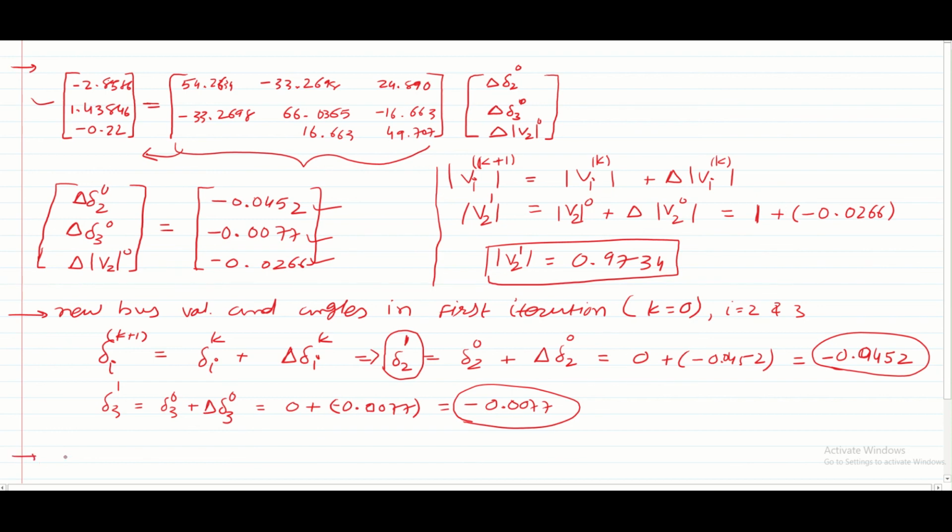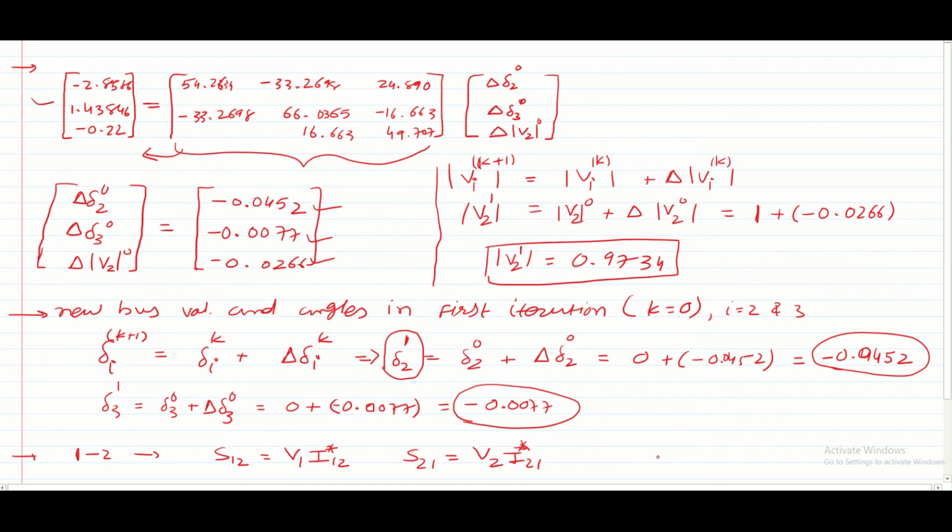Now the next step is, if you are asked to calculate the power flow from bus number 1 to 2, you need to calculate S12, which is equal to V1 into I12 star. And again S21, means power flow from 2 to 1, which is V2 into I21 star.